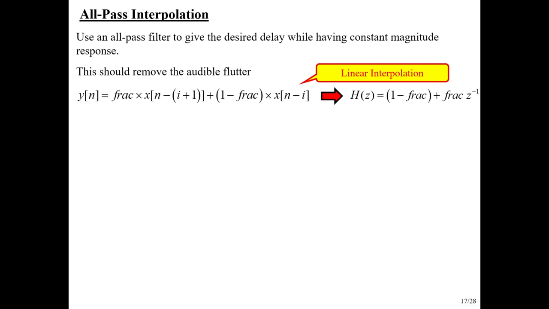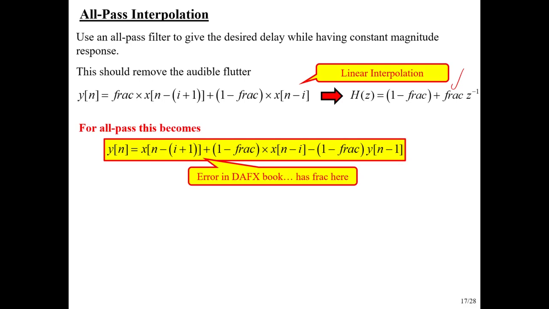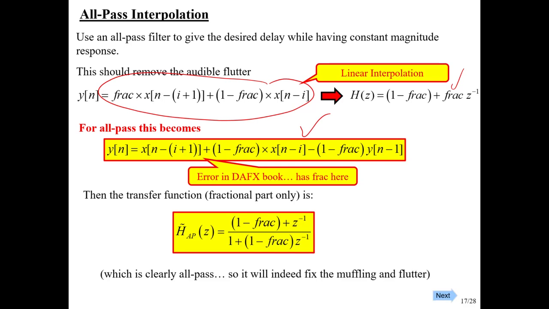So here's our linear interpolation, just revisiting that. And it ends up with a transfer function that looks like that. And now all we're going to do is change this into this. This now becomes an IIR, all pass filter, and the transfer function looks like this.